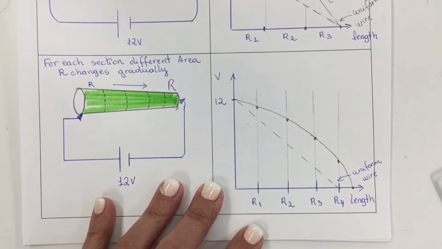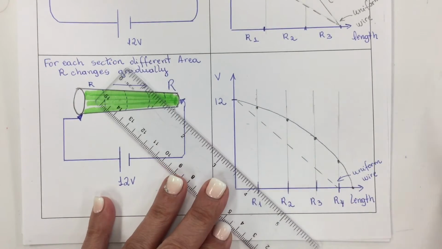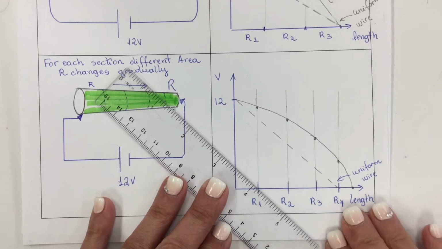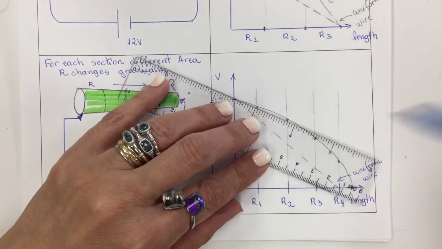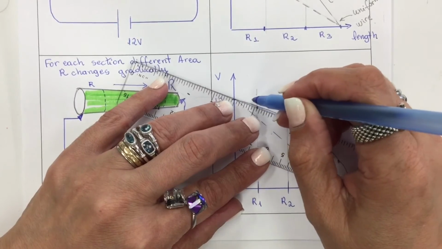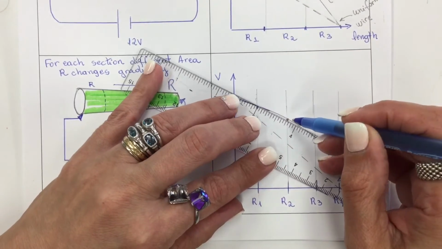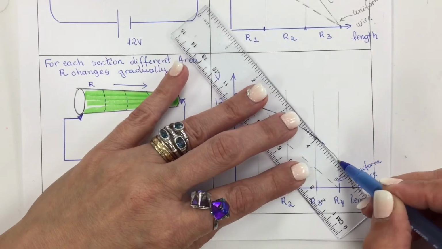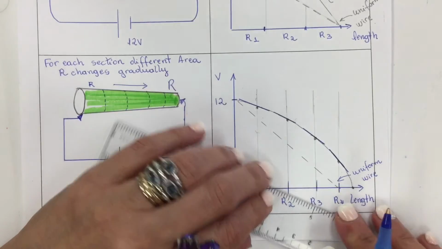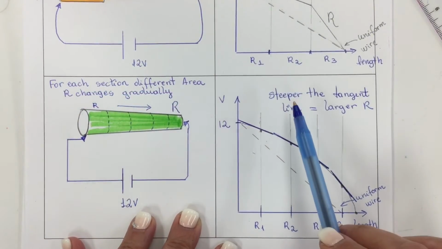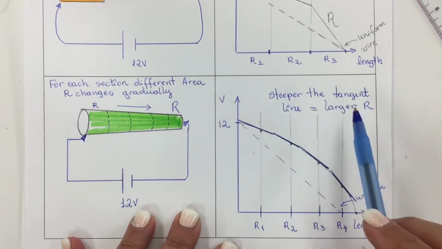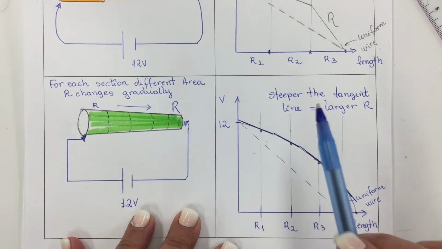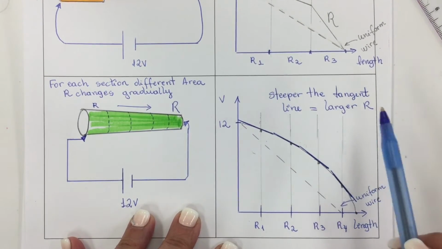Now, because it's a curve, we are going to check the resistance related to a line being steeper compared with the other ones. You just place your ruler on this point and draw a line, draw another line. So as you see, the tangent line here is getting steeper. So as a side note, the steeper the tangent line you draw when you have a curve, the larger the resistance.